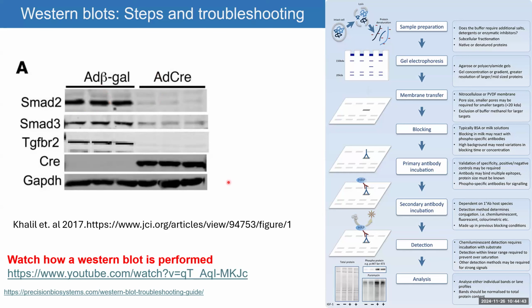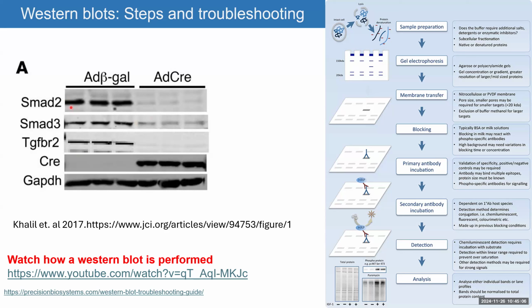In this Western blot, obviously I cut the Western blots, so there was a whole Western blot like this for SMAD2, another one for SMAD3, another for TGF-beta receptor 2, another one for the CRE, another one for GAPDH. So there were 5 like this, but then I cut them around the bands of interest to make them look nice.